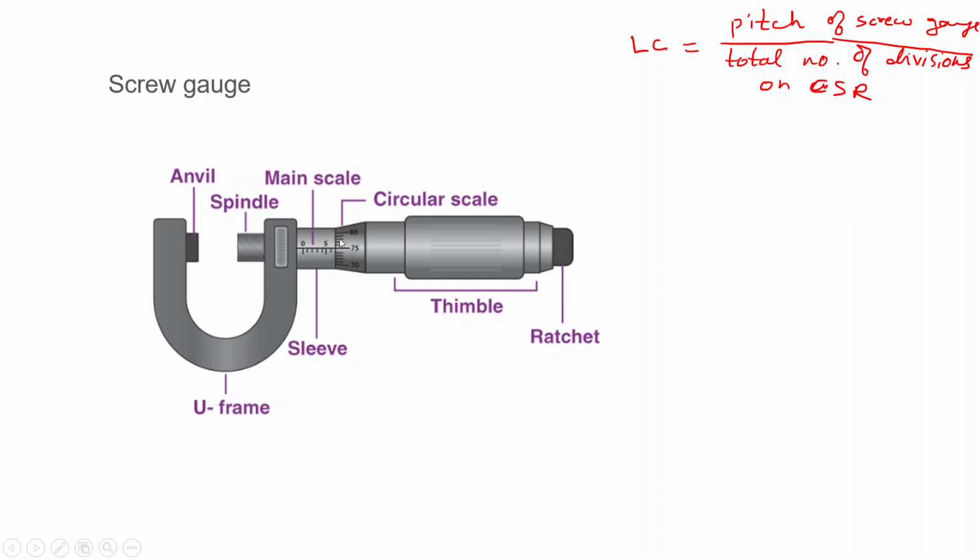So we want to know, in one rotation of this circular scale, how much linear length we have covered.